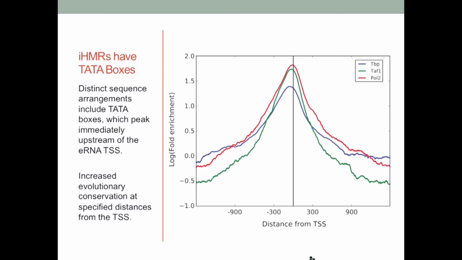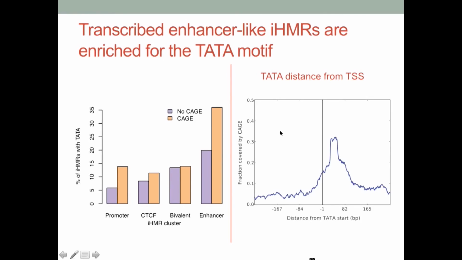So this indicates that, and we also noticed that at the very position of the TATA, there is an increased level of conservation. So it would make sense. This plot is just showing the position of the TATA and the fraction of the region covered by CAGE tags, and it looks very real because the TATA box is usually a fixed distance from the TSS.